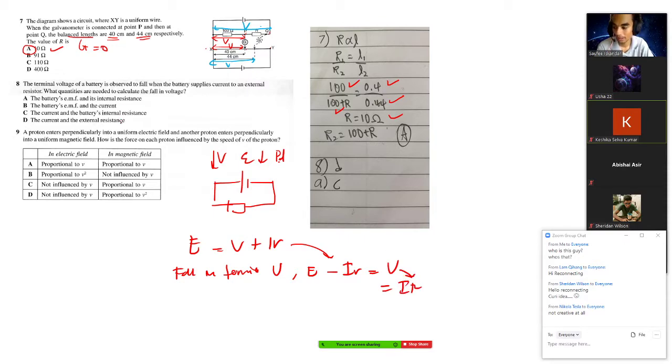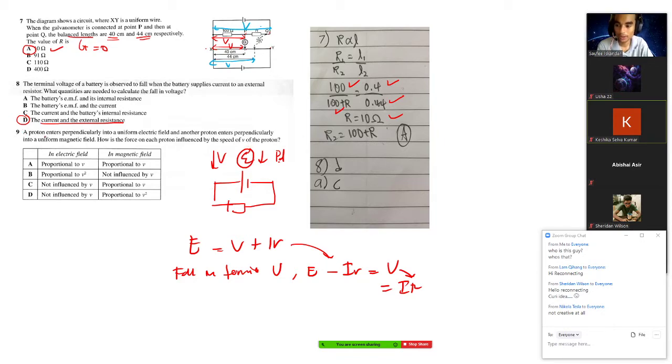So Ir, the current and the internal resistance, are the factors that make the value of E drop to a certain value.